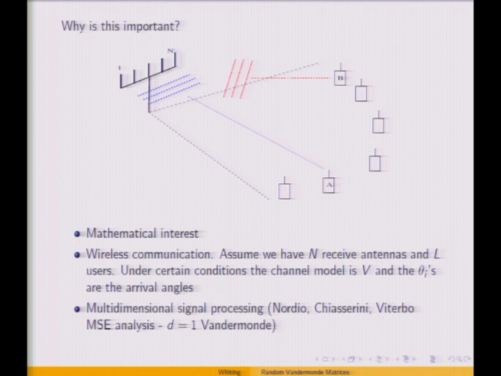You may not feel that's a very realistic model of wireless, but never mind, we nevertheless have it. Now this problem here I'd like to spend a bit more time on, because I feel it is something that you might want to look at in more detail. This is a multi-dimensional signal processing problem.